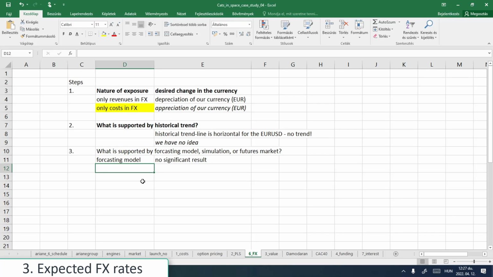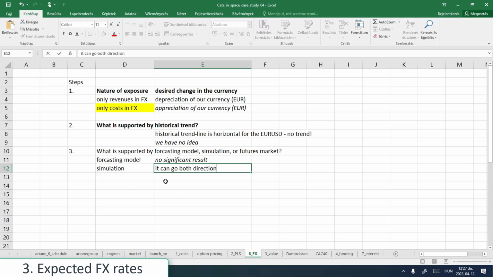So this VAR model was nice and sophisticated, it just was not working. So in simulation, it can go in both directions. It can appreciate, it can depreciate.